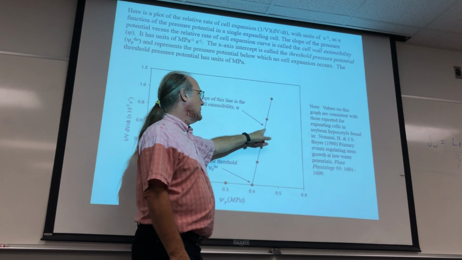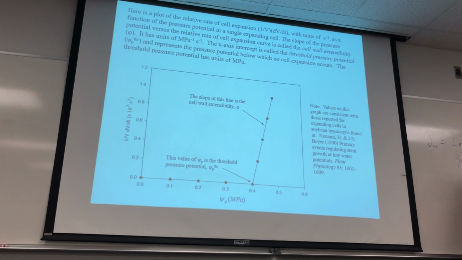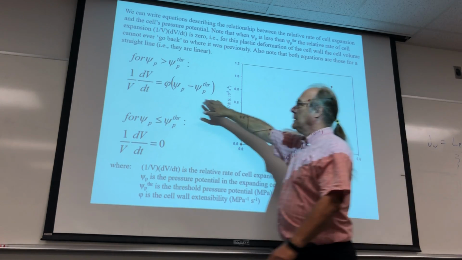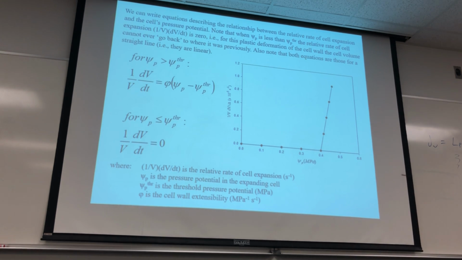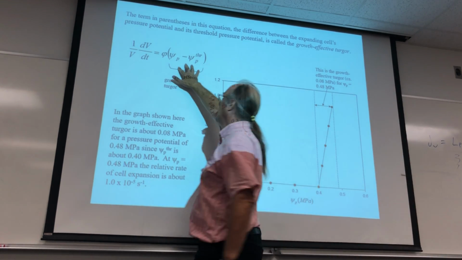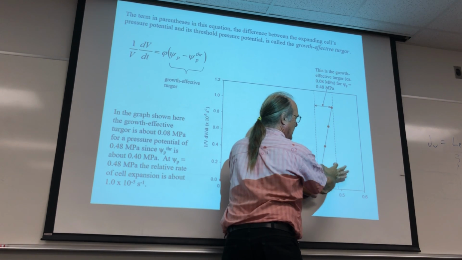So the slope of this is the cell wall extensibility. Here's the threshold below which no cell expansion happens. That's important. That gives us one equation here, where the term in the parentheses is known as the growth effective turgor, the degree to which we are above this threshold.